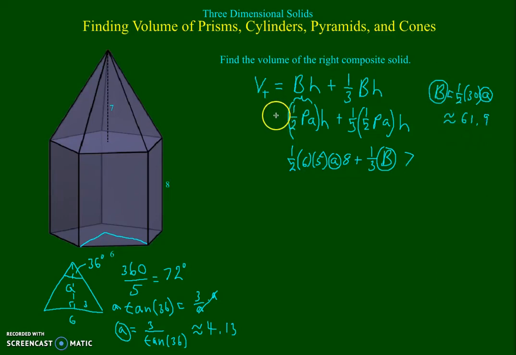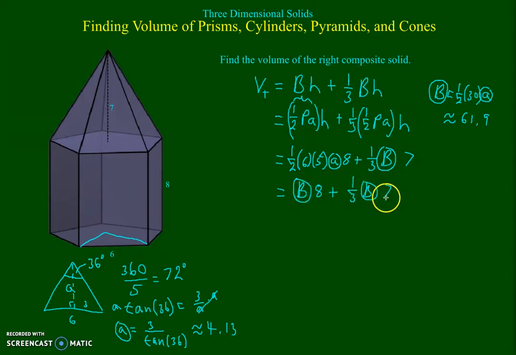Now we can go ahead and just substitute those in. Let's put some equal signs in here to indicate that that's still our volume. So we have big B from our calculator times 8 plus 1/3 big B times 7.